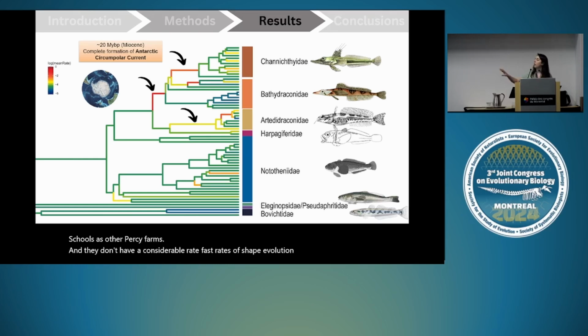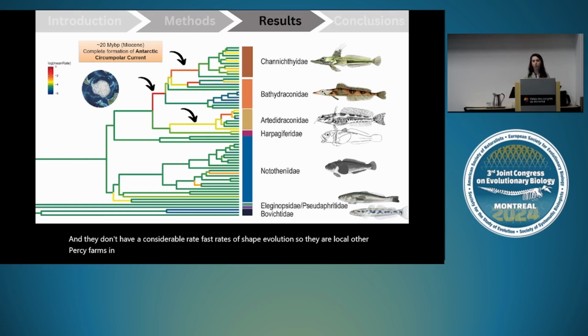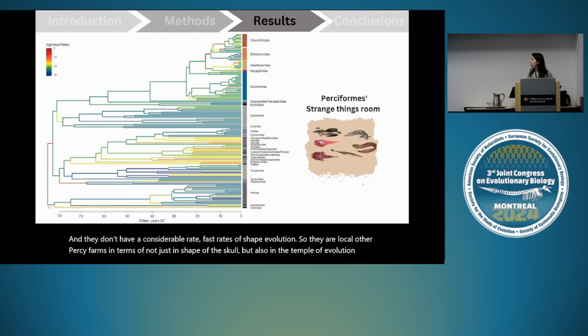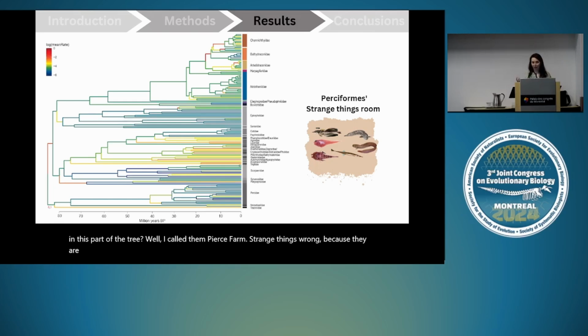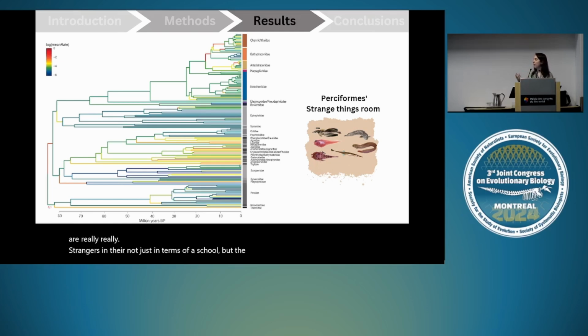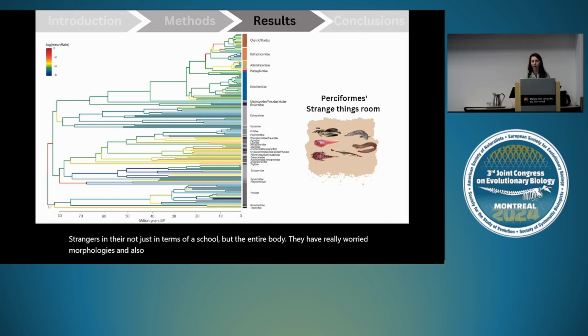So they look like other perciforms, not just in the shape of the skull, but also in the tempo of evolution. And probably you are curious, why do other perciforms have fast rates of evolution? Who are these guys in this part of the tree? Well, I call them the perciform strange things room, because they are really strange, not just in terms of the skull, but the entire body. They have really weird morphologies and also occupy different kinds of habitats.